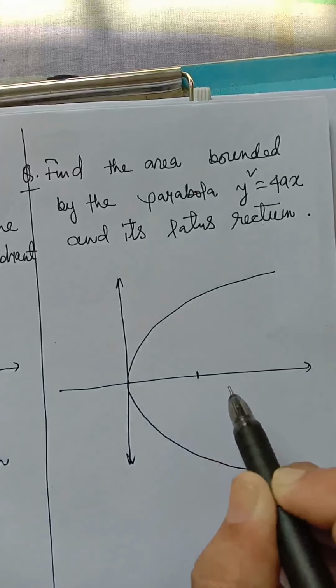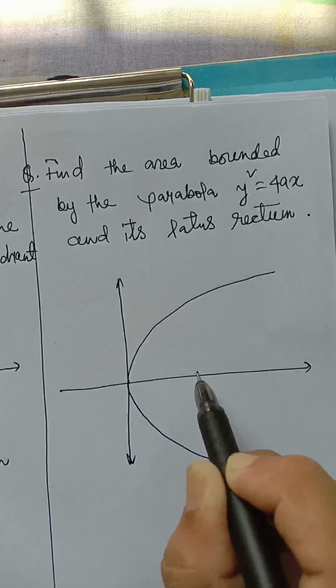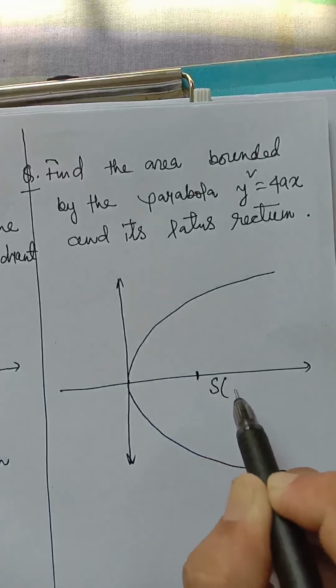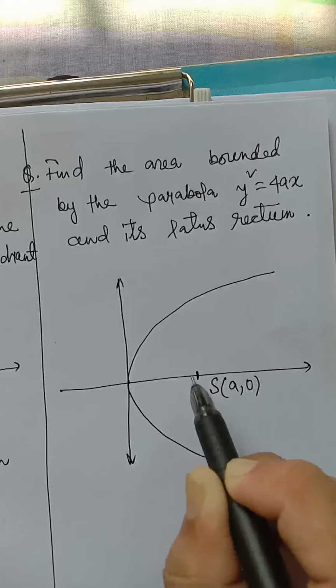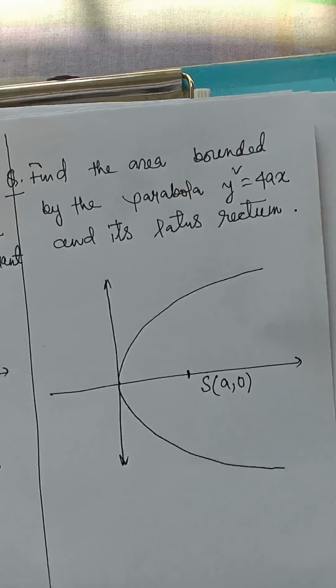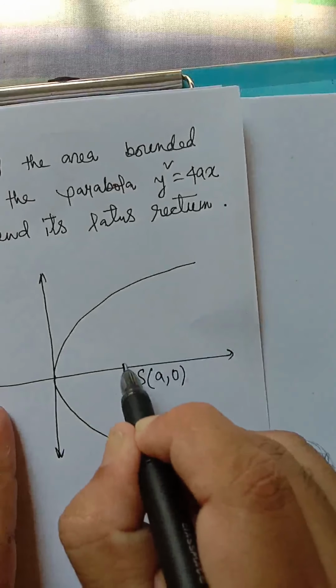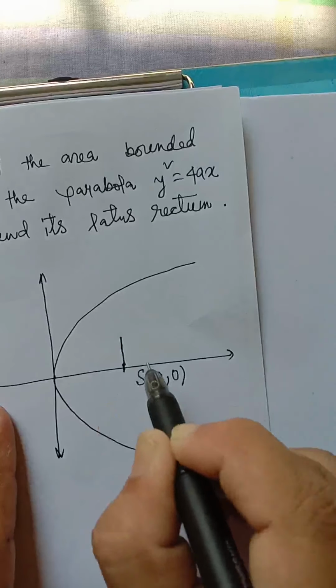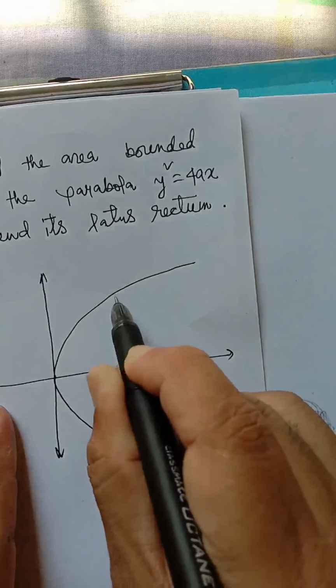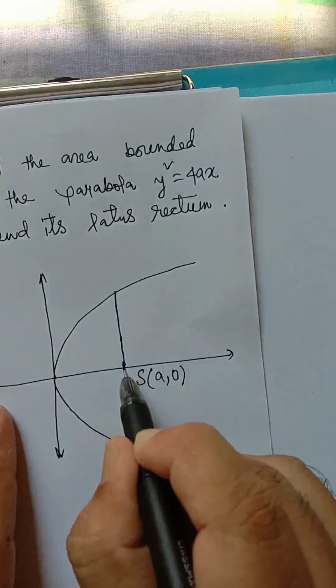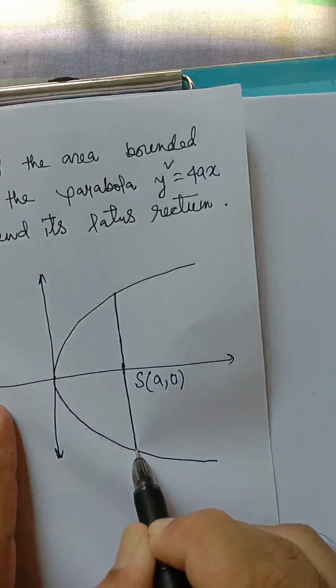Now for this parabola, in class 11 we got that the focus of the parabola is (a, 0). The latus rectum is a chord which passes through the focus and is perpendicular to the axis of the parabola. So this is the latus rectum.